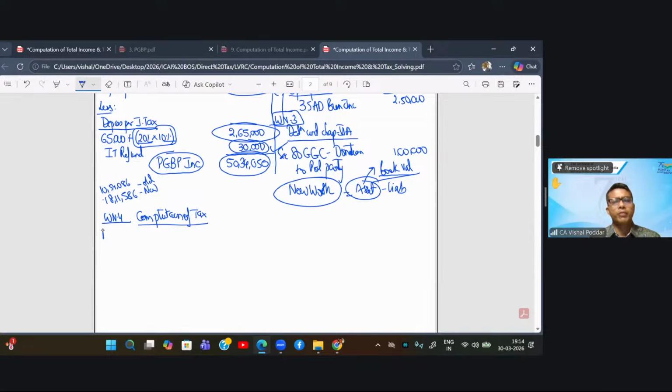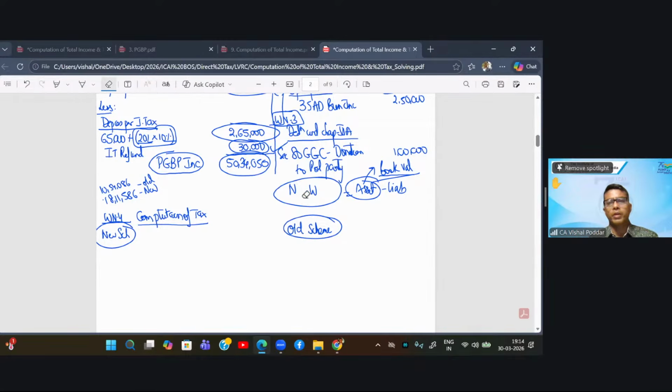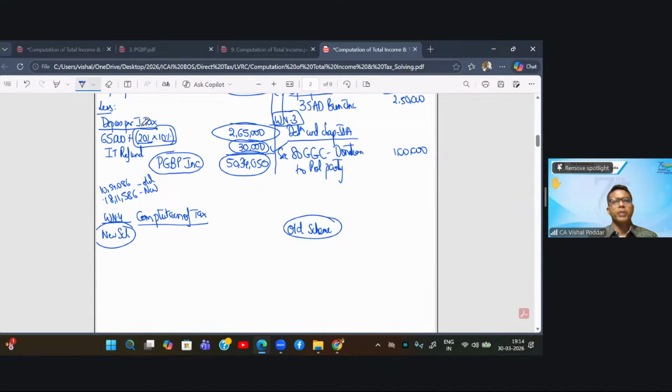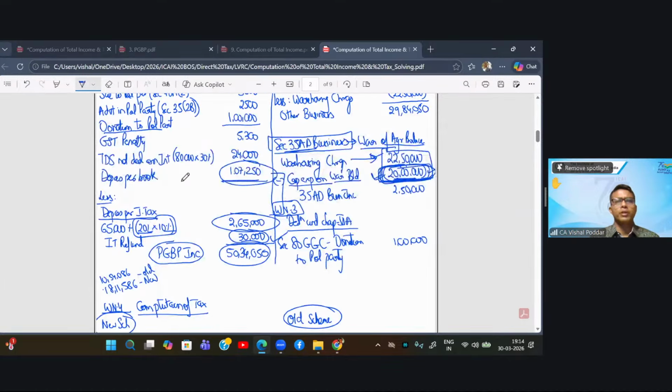So, computation of tax, new scheme, old scheme. I'll just rub this part from here because it is not part of PGBP. Now what is my total income here?